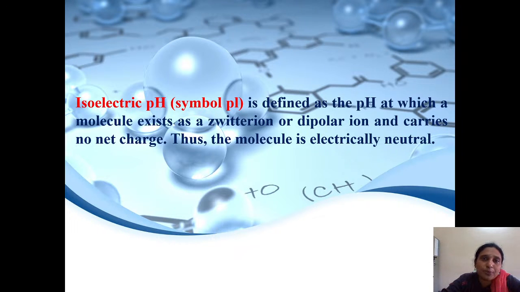The properties of proteins at their isoelectric pH are that they are least soluble and give maximum precipitation, and there is no movement of the proteins under an electric field. For example, casein is a phosphoprotein, a milk protein. Its isoelectric pH is 4.6.